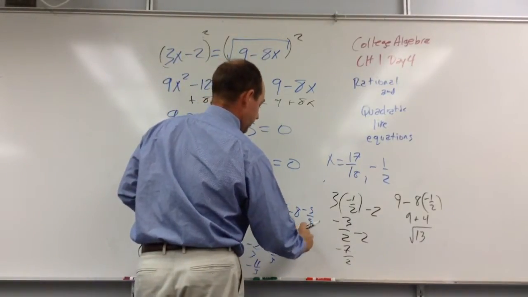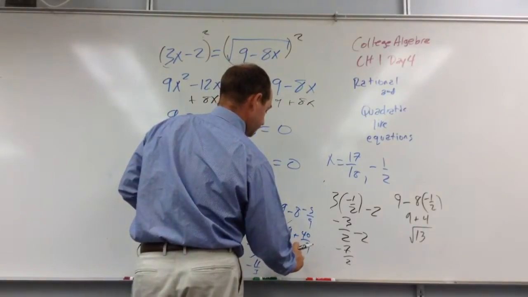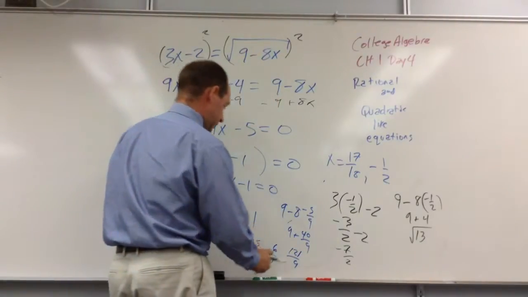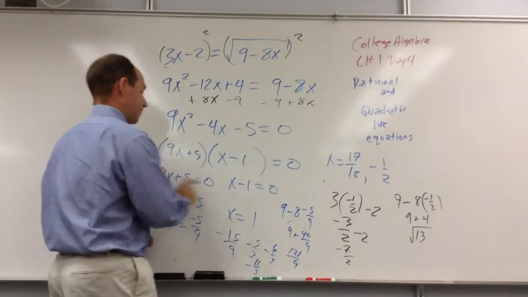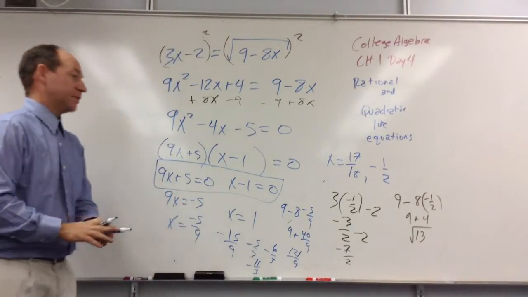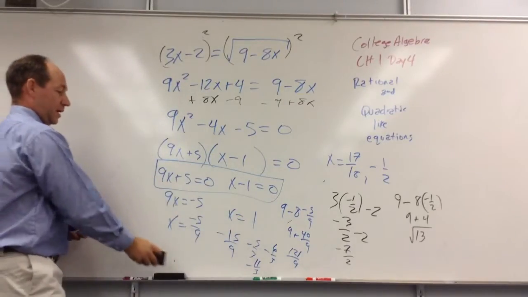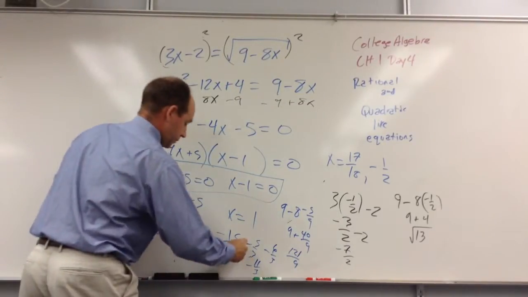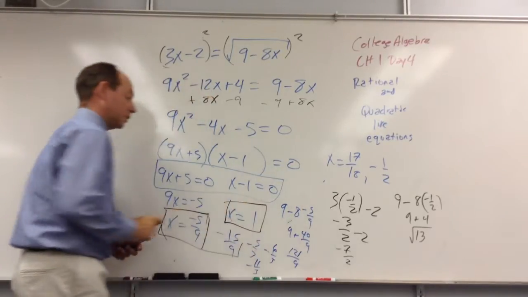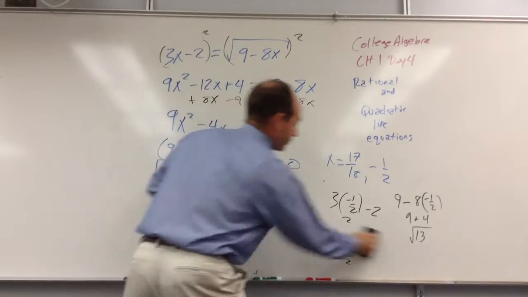So 9 plus 40 over 9, 81 plus 40 is 121 over 9. So that's 11/3. They both do work. Whew. That's what happens when something goes wrong but you know it should work. So those both work. How about negative 5/9 and 1? Okay, let's try to recover from that.